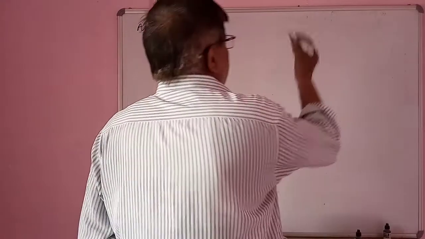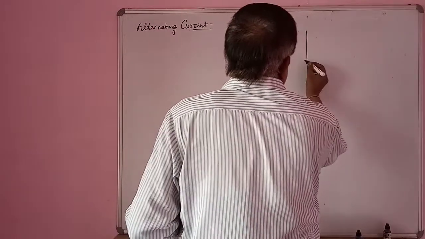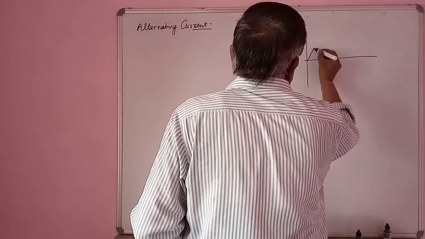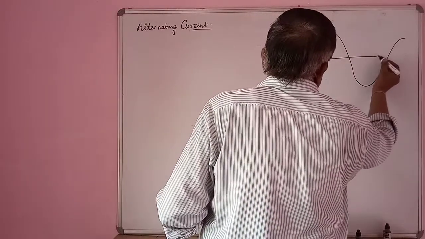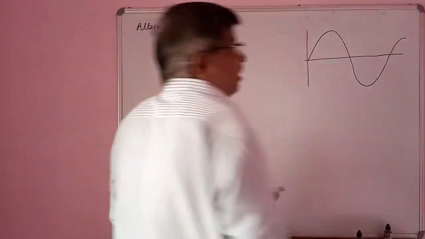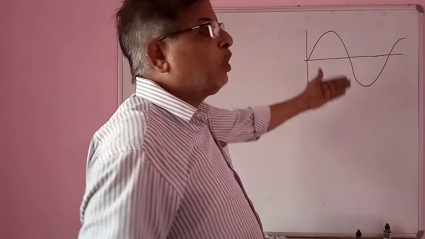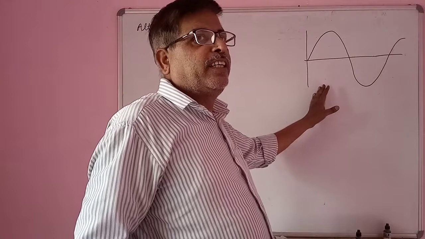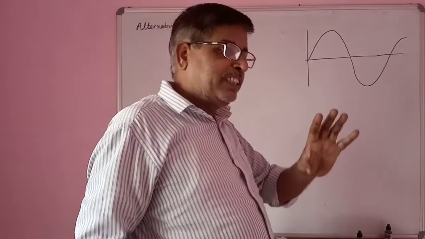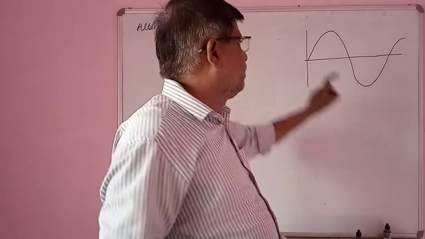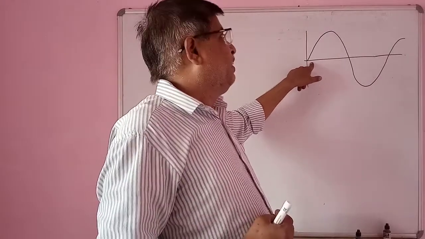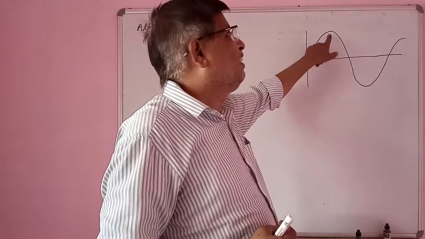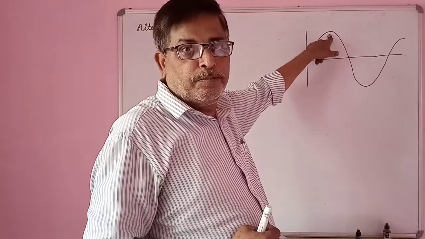So in that lecture we have studied that this was the output waveform of that current. At some instant, at some position, the value of output current is 0. Then it increases in one direction.